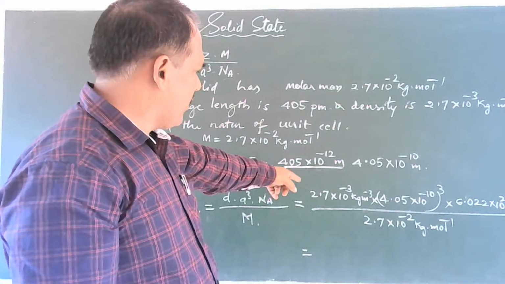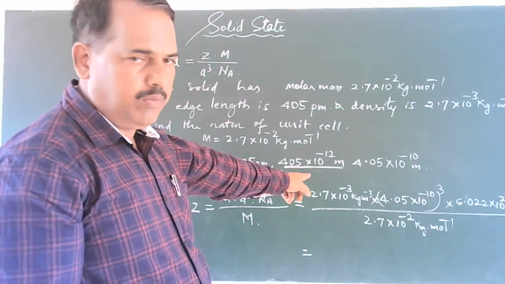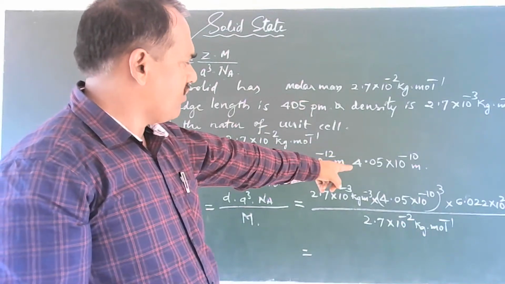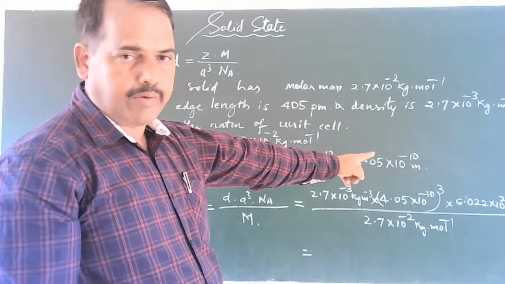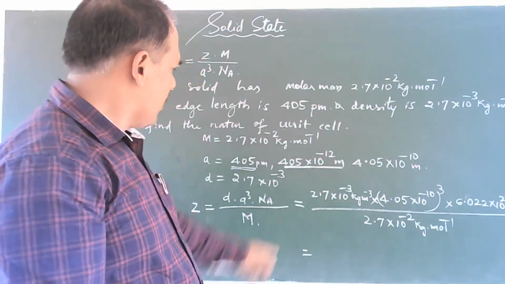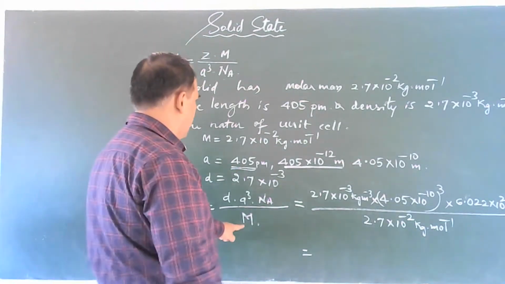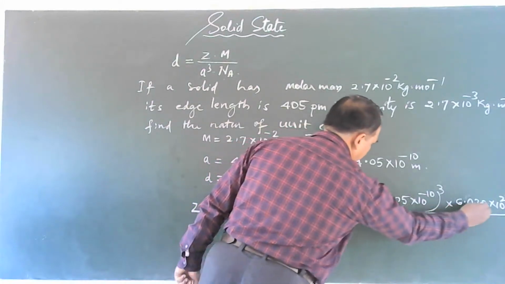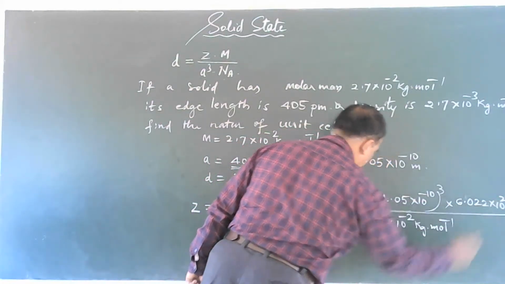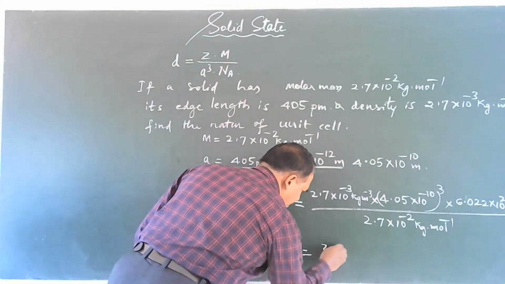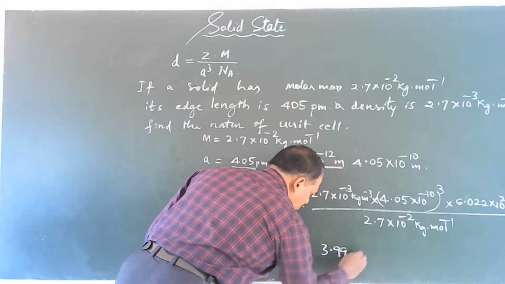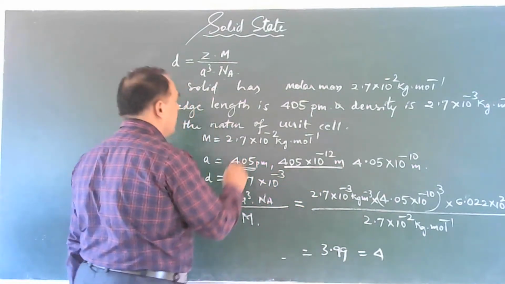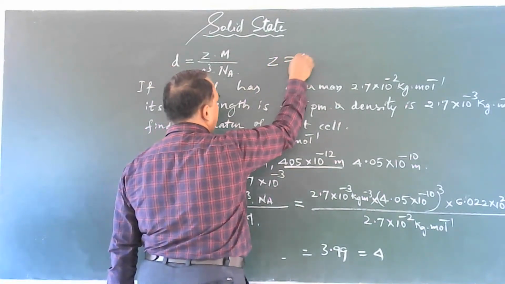See, 2.7 × 10^3 kg per meter cube, (4.05 × 10^-10)³, 6.022 × 10^23, and here it is the molar mass, whose value is given in the problem. You substitute and calculate, and you will get nearly 3.99, which is equal to 4. So in this problem we got Z equal to 4.